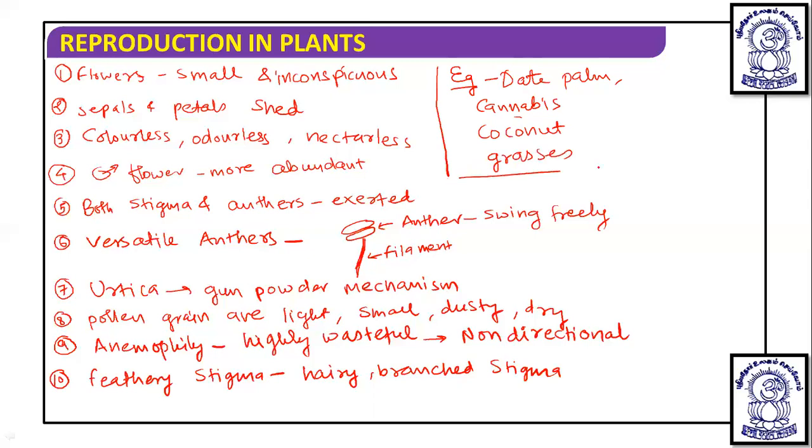These are the examples which show anemophily. And this is a common question you can see. You can write maize as an example also. So this is all about anemophily, and I hope you understood anemophily.